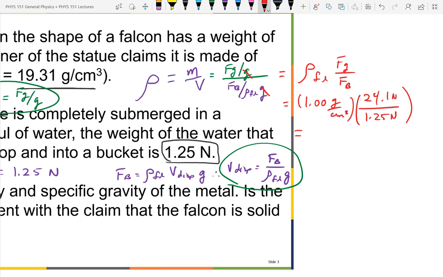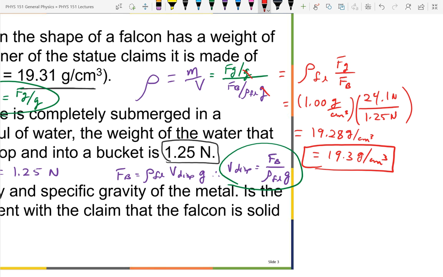Of course, you don't need to put 1 into your calculator. That's just 24.1 divided by 1.25, which is equal to 19.28 grams per centimeter cubed. How many significant digits do I have? 3. So the correct answer is 19.3 grams per centimeter cubed.